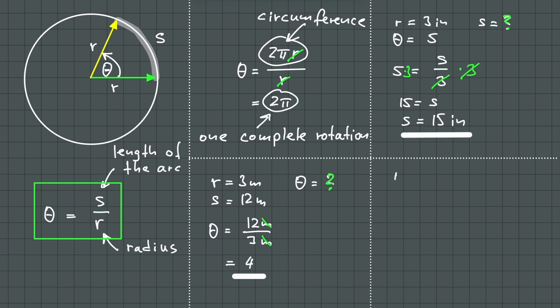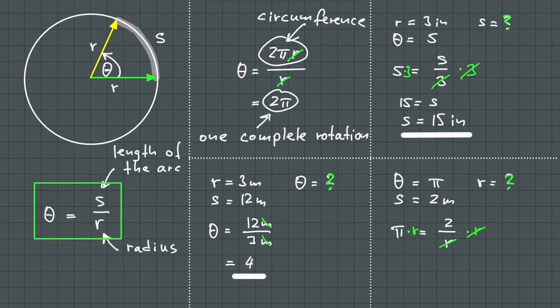What if we have an angle of pi and an arc of 2 meters? What is the measure of the radius? We plug in pi for theta and 2 for S. Then we are going to multiply by R to get rid of the fraction.